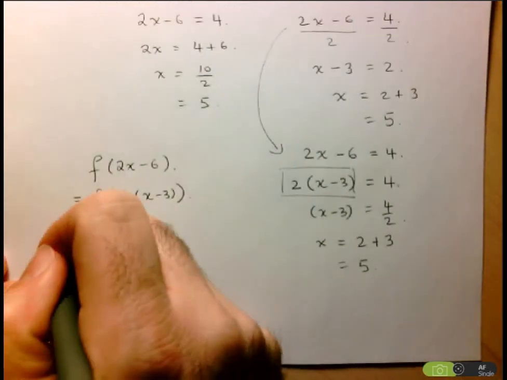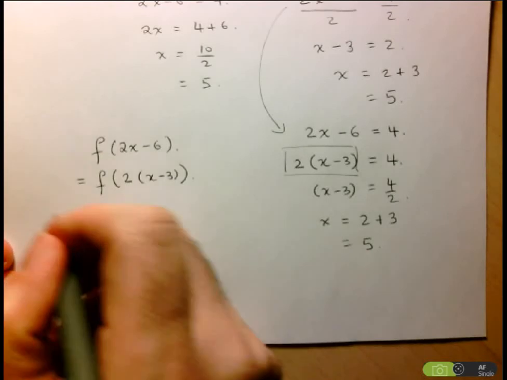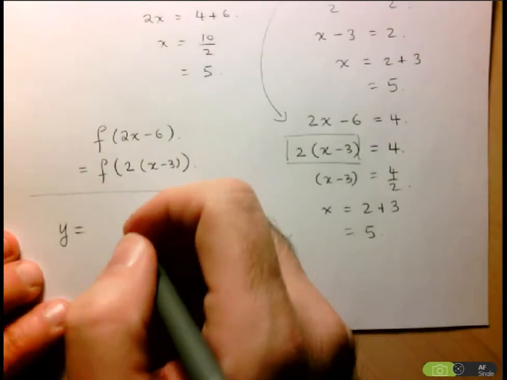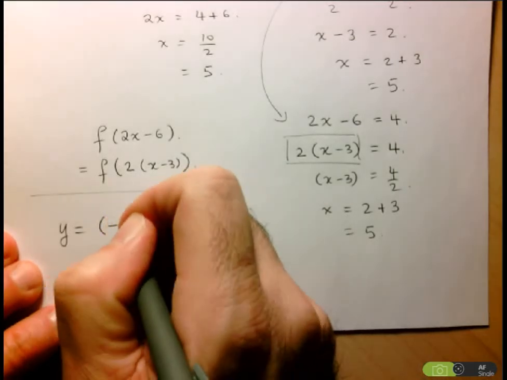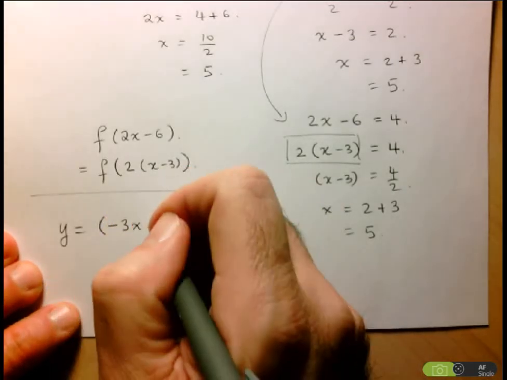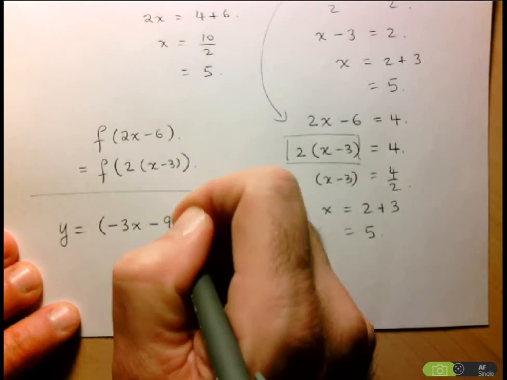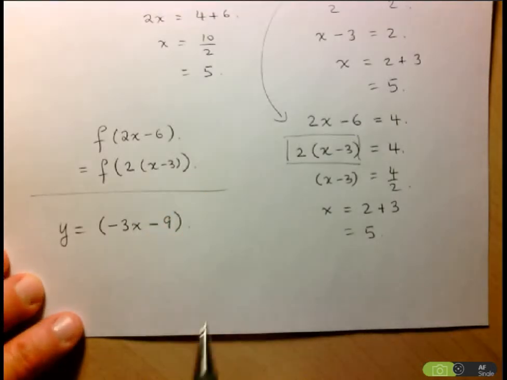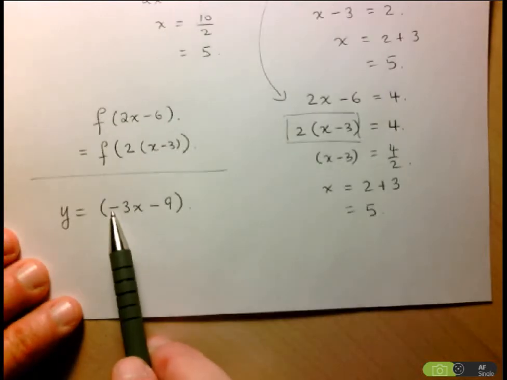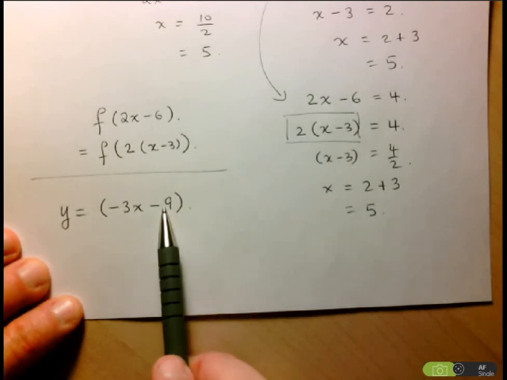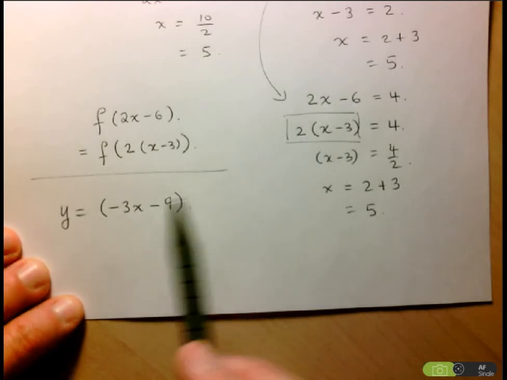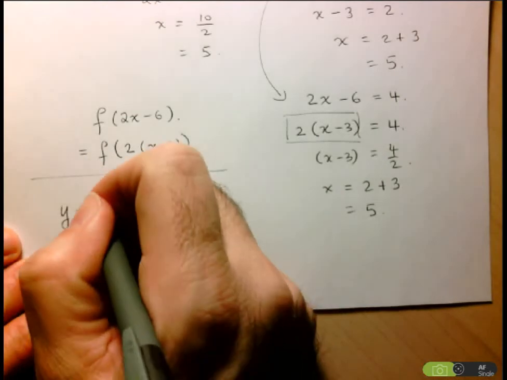So for example, if I have this function here, y equals, and say we'll use a cubic now, so let's say I've got negative 3x minus 9, all cubed. Okay, this doesn't represent a reflection in the y-axis, horizontal compression by a factor of 1/3, then a shift of 9 units to the right. Oh sorry, I forgot the cube here.